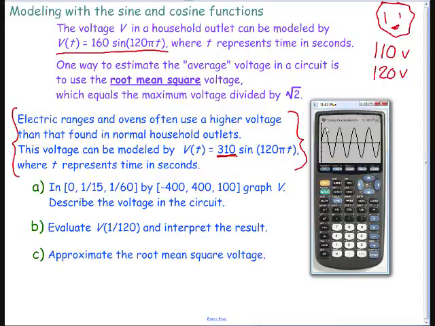It actually does have an amplitude of 310, as we would expect. How do we describe this voltage? Well, it's varying from positive 310 to negative 310, and in the course of 1/15 of a second, it varies 1, 2, 3, 4 full cycles.